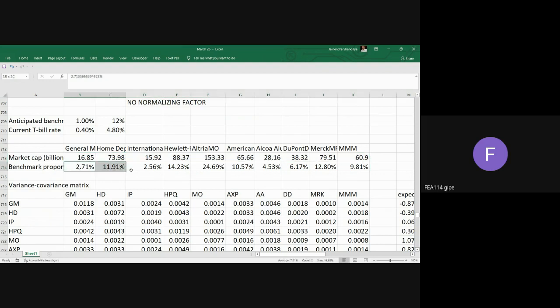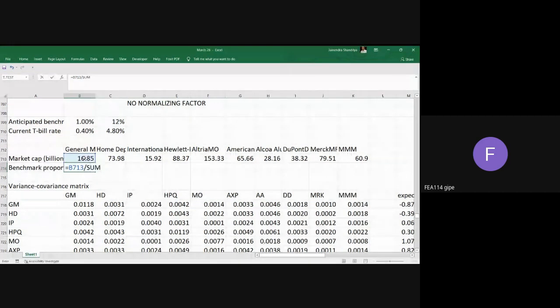How do we calculate this benchmark proportion? The market capitalization is already given to me. So from here, I divide by the sum of this one to this one.